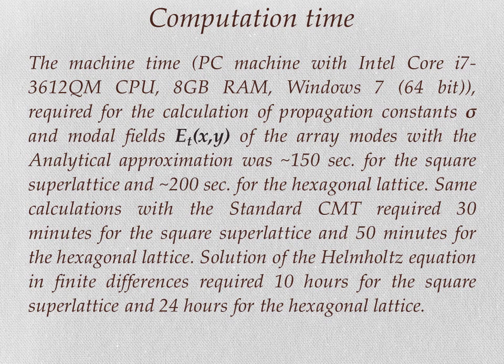Same calculations with the standard CMT required 30 minutes for the square superlattice and 50 minutes for the hexagonal lattice. Solution of the Helmholtz equation in finite differences required 10 hours for the square superlattice and 24 hours for the hexagonal lattice.